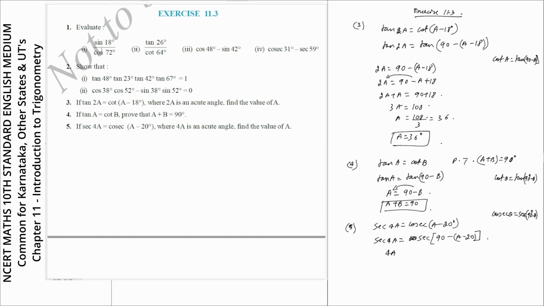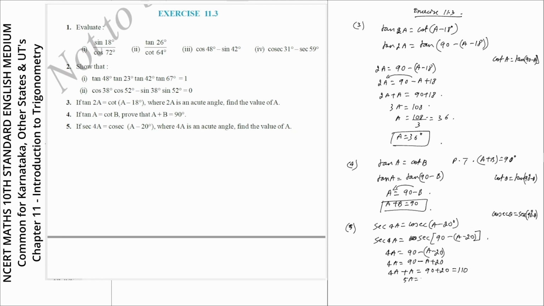So 4a is equal to 90 minus a minus 20. Now 4a is equal to 90, I'll open the bracket, minus a plus 20 I'll get. Okay, now I'll bring a to the left hand side. 4a plus a is equal to 90 plus 20. 90 plus 20 is 110.